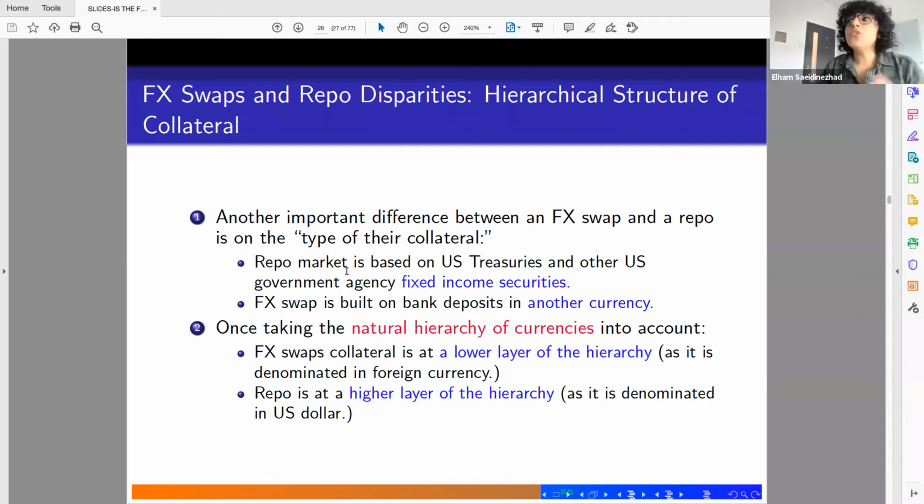We said that in the repo market, the collateral we use is usually U.S. Treasuries or other fixed income securities in the U.S. capital market. However, in the FX swap, the collateral is a bank deposit that is denominated in another currency.